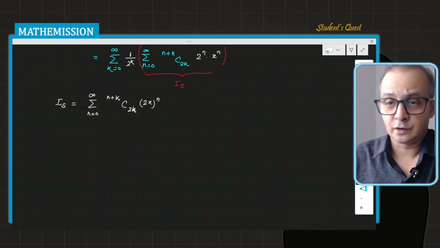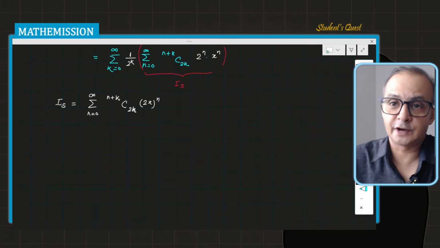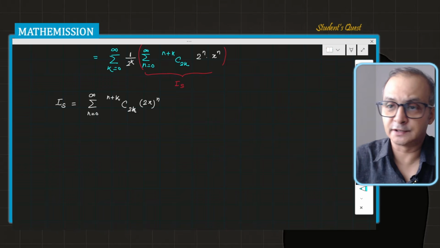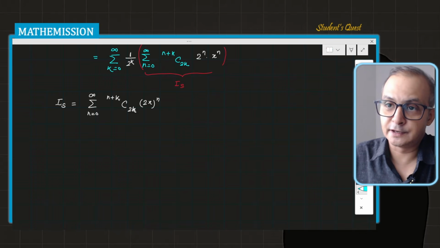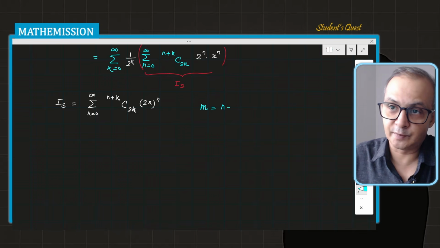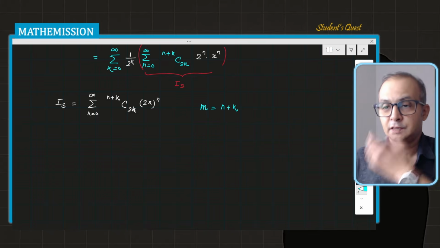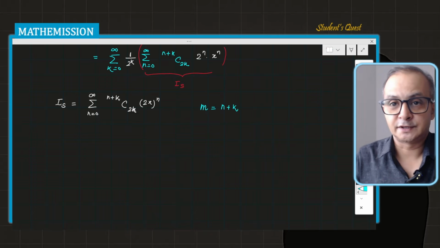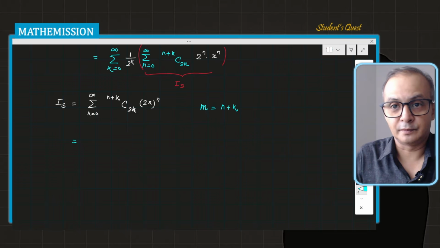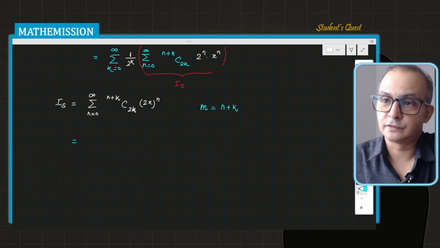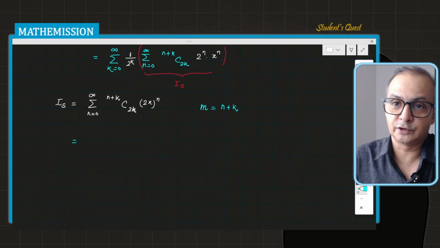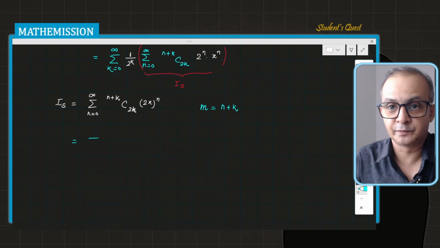Now from here, what I can do, let's see. I'm trying to change this index because it's a little bit difficult for me to manage. So I'm going to write the new variable m, which is n plus k. So if m is equal to n plus k, you see that what will be the effect of this on this summation.